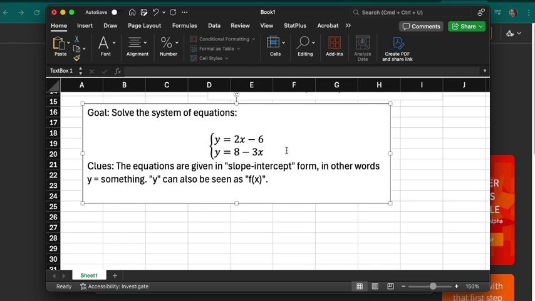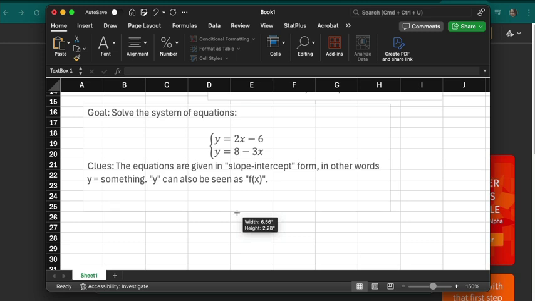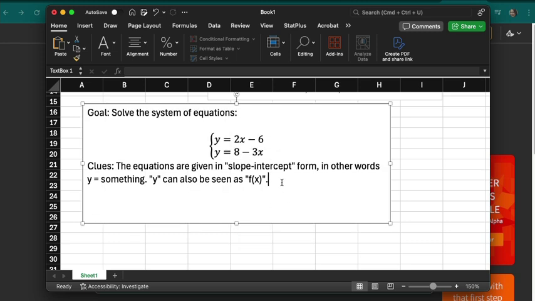So you might see f of x instead of y, but you will have two equations that have the y equals, or it'll be f of x equals, all right? So that's our first clue that we're going to use a different tool than Excel. And that's basically the primary clue right there, is that you have two equations that are given to you in what we call slope-intercept form, okay?